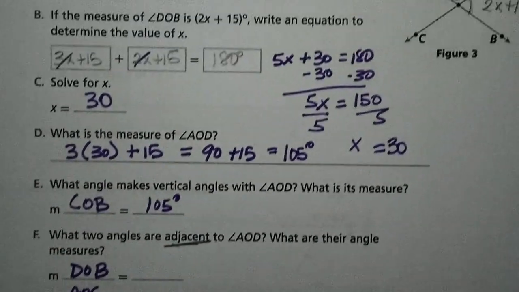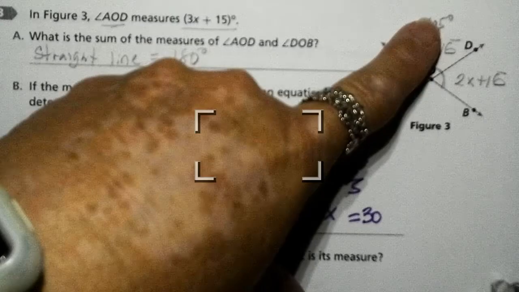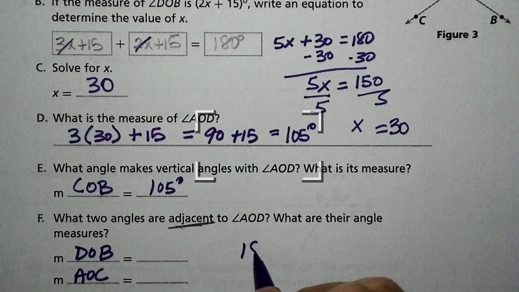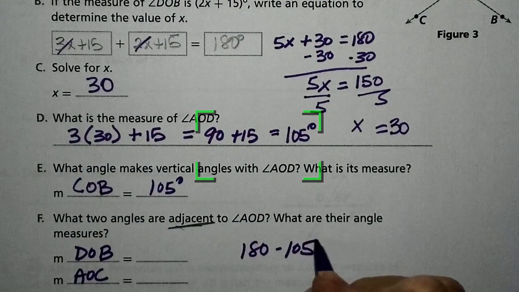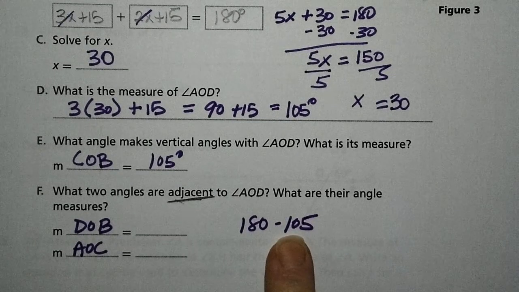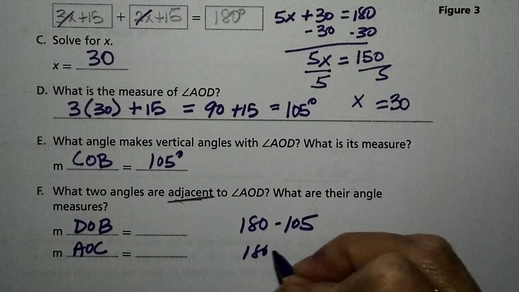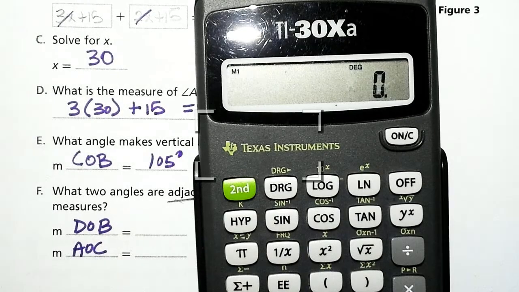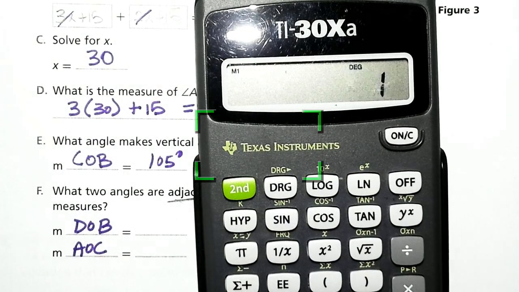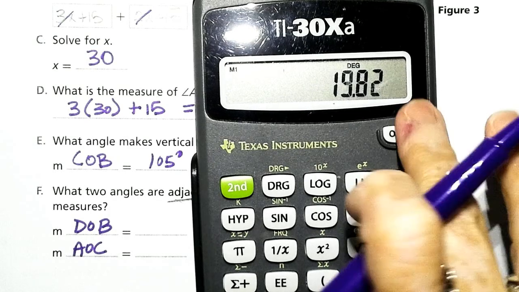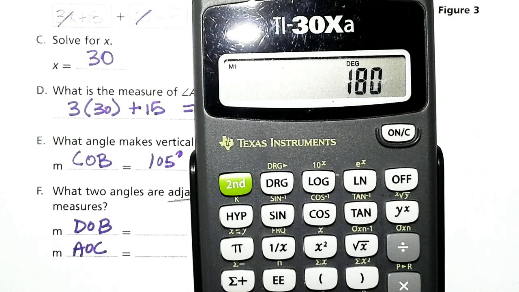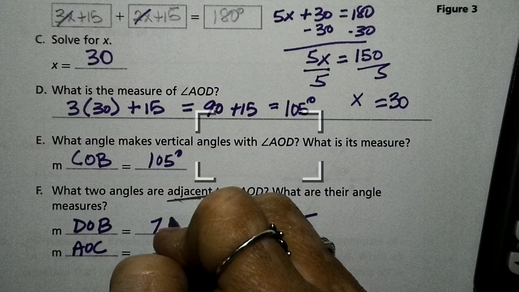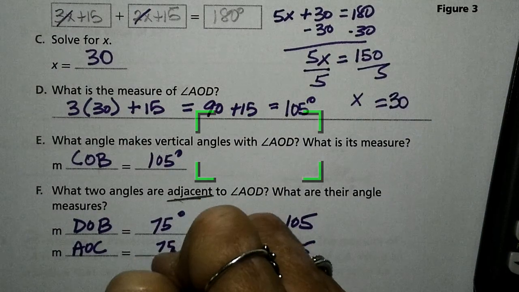All right? So if we know that this is 105, we can do 180 minus 105 on both of them, right? And then that gives me... what did you get? 75, yep. So 75 degrees.